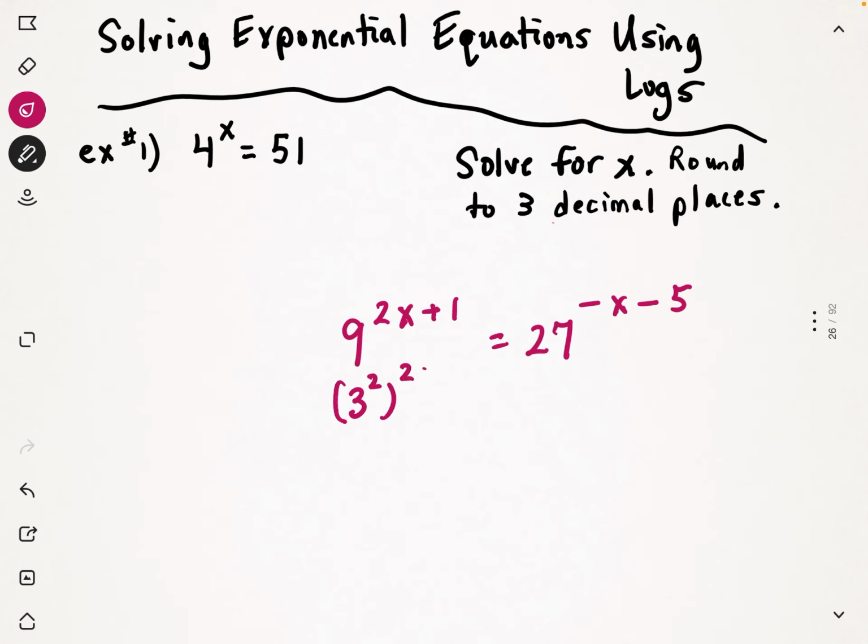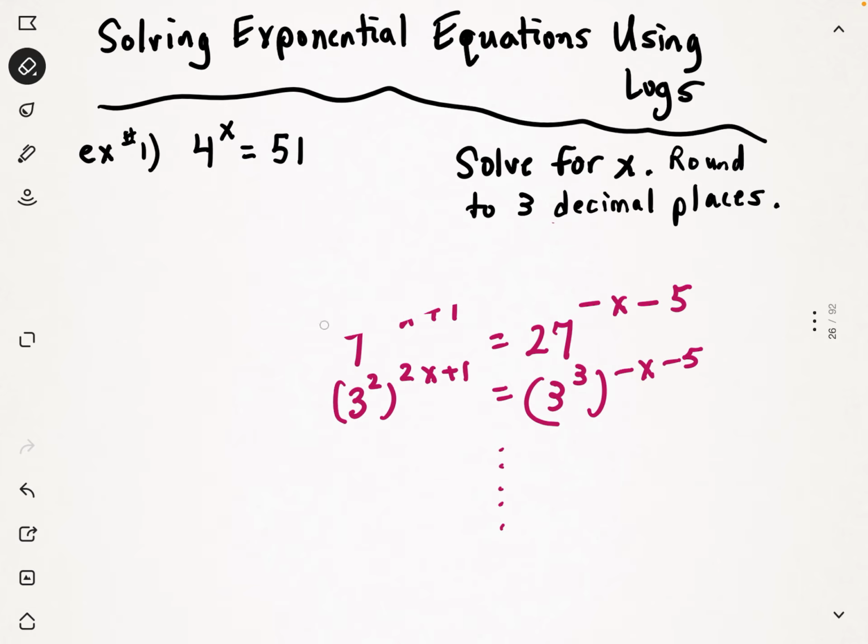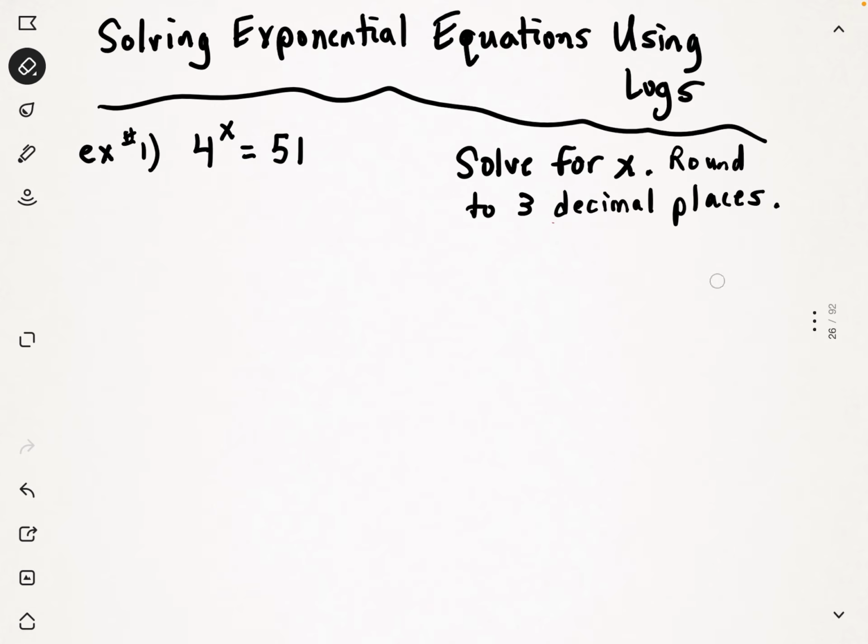You can convert both of these numbers to powers of 3. By doing this, you can get the bases the same, then use your exponent rules, and then solve for x from there. Numbers like 9 and 27 work really nicely together. But if you look at the example in front of you, 4 and 51, you cannot make those bases the same. So the approach that we learned back in Unit 2 is not going to work for this question.